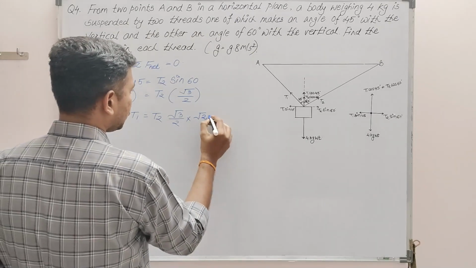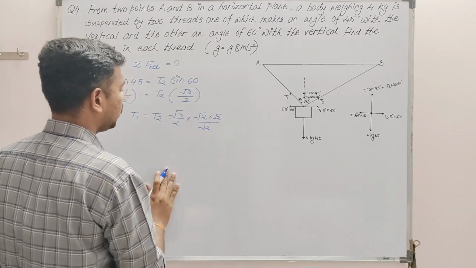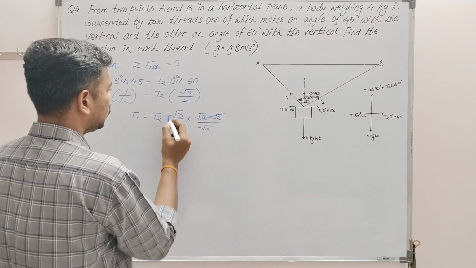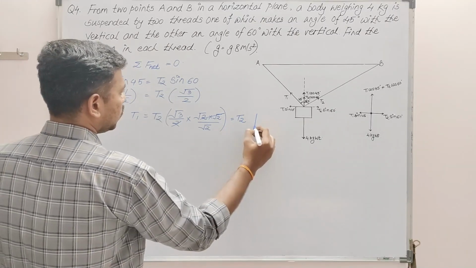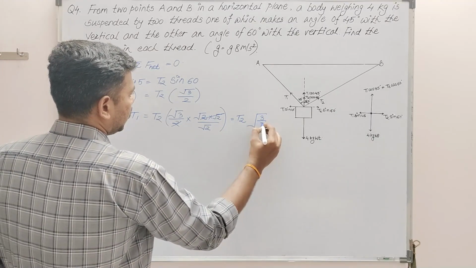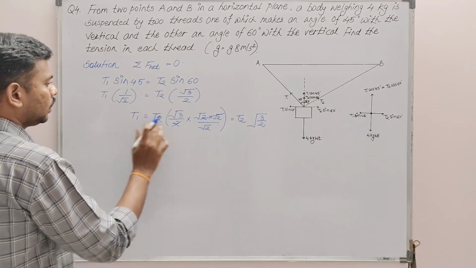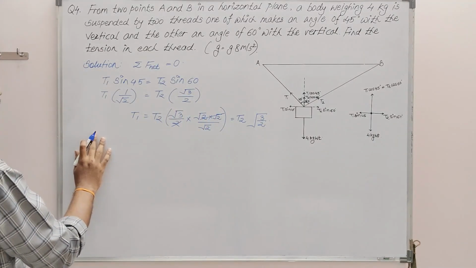Now we can multiply by root 2 in the numerator and denominator, so that root 2 into root 2 will get cancelled with this 2, and finally we can write T1 equals T2 into root 3 by root 2. In this way we got T1 in terms of T2. We will use this step in the further calculation.